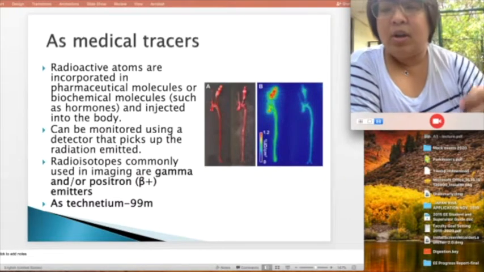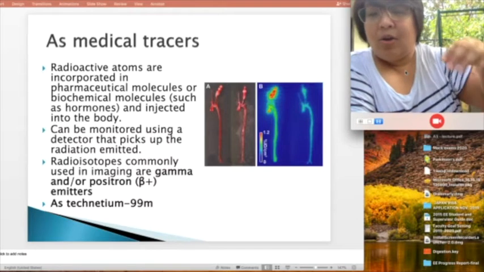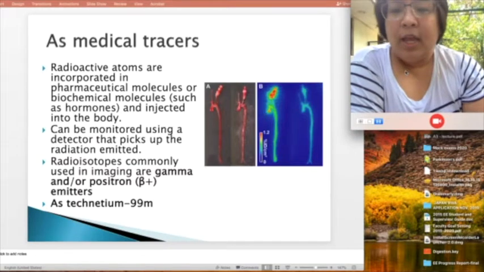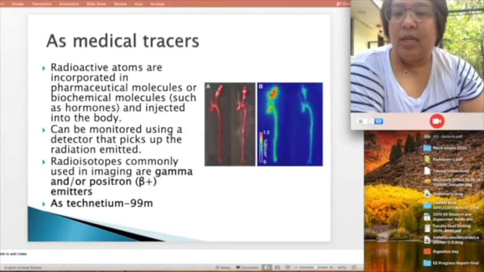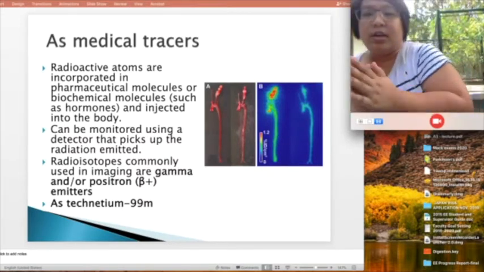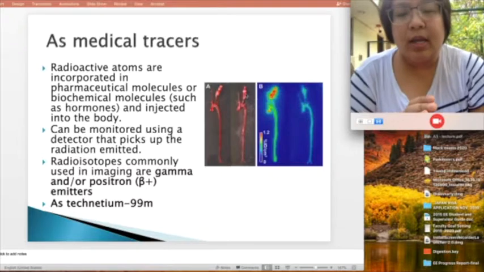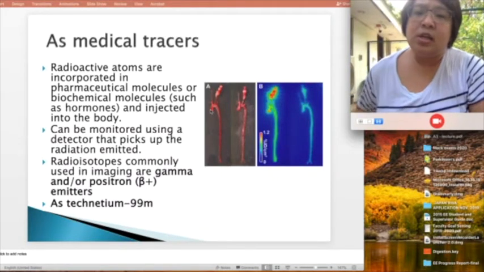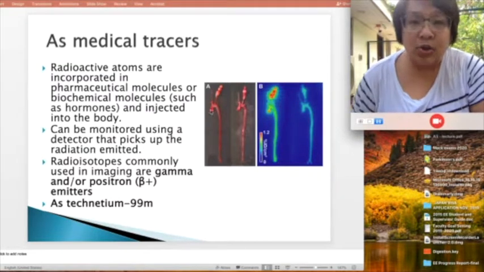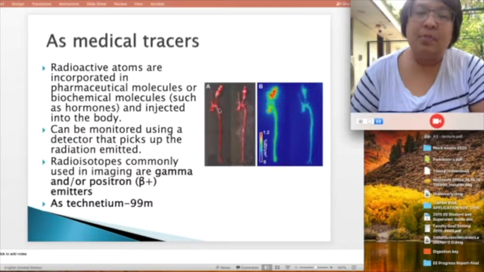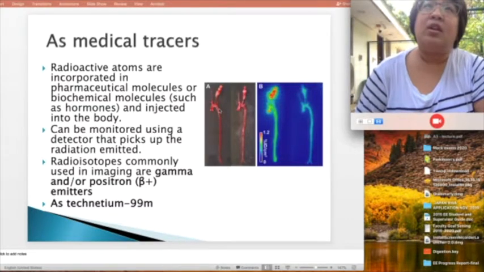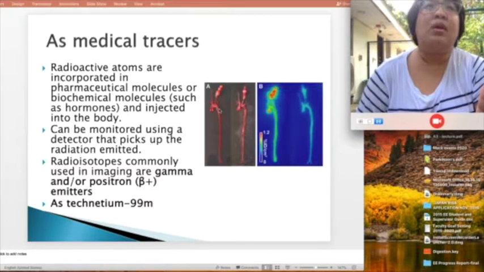Common radioisotopes use gamma or positron emitters. A positron is like a positive electron. Classic example is technetium 99. As you can see here in the picture, this is the aorta, the biggest artery connected to your heart. Some people suffer from aortic aneurysm or abdominal aneurysm.